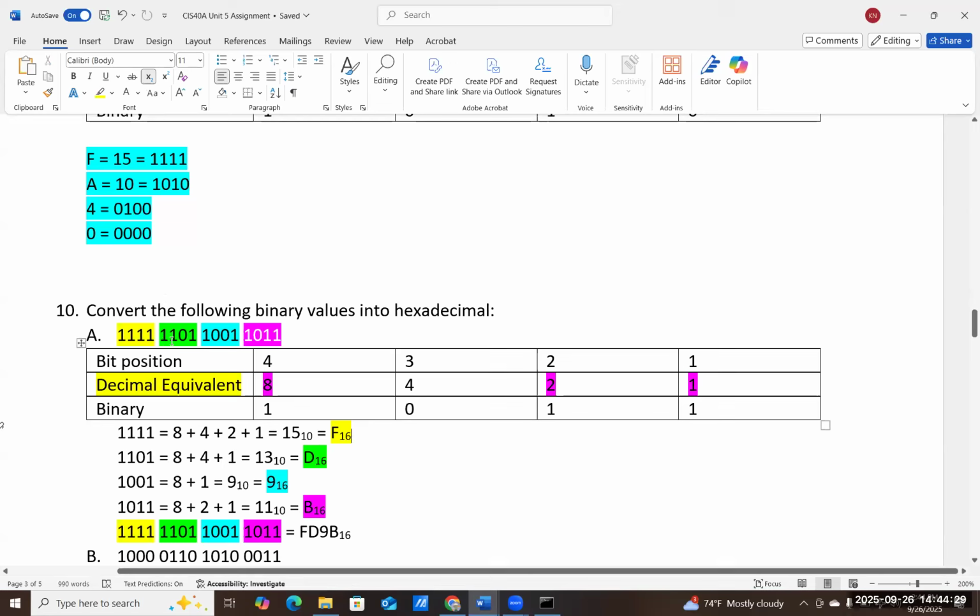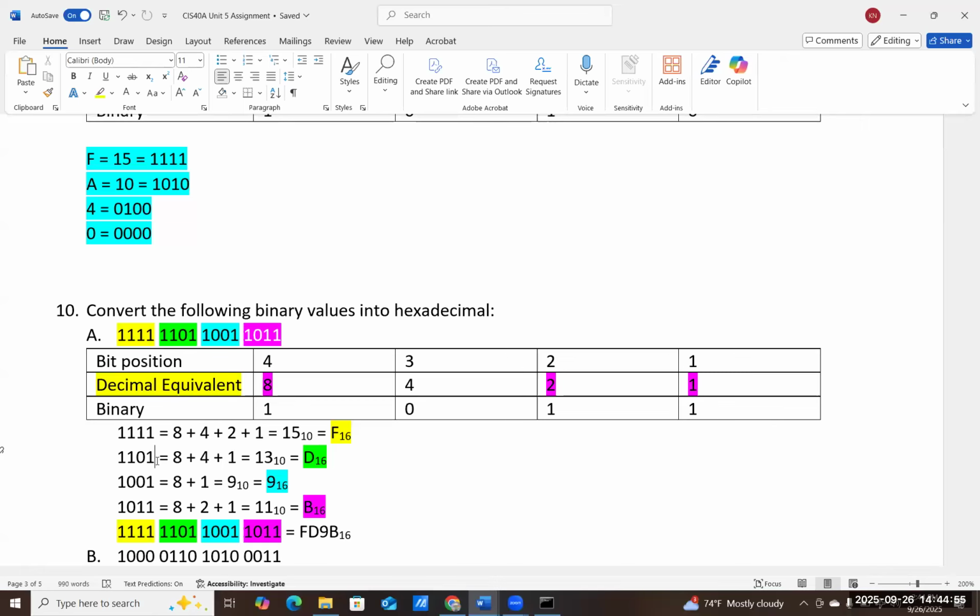Then you have the 1101. So that means the 8 is on, the 4 is on, so 8 plus 4, and then the last bit is on. That gives us 13. So that's equal to the D as in David. Right? The 8, the 4, the 0 is up here, and then the plus 1.